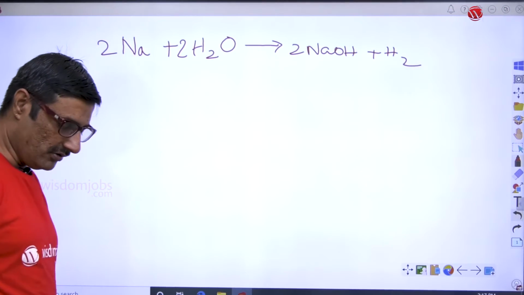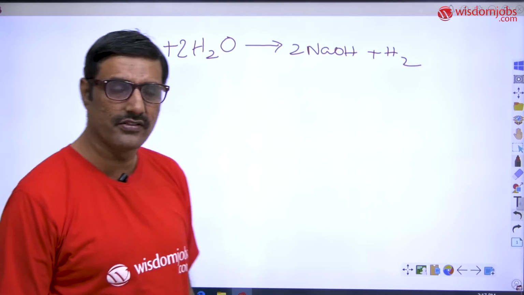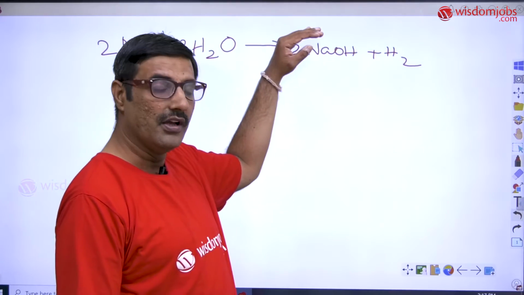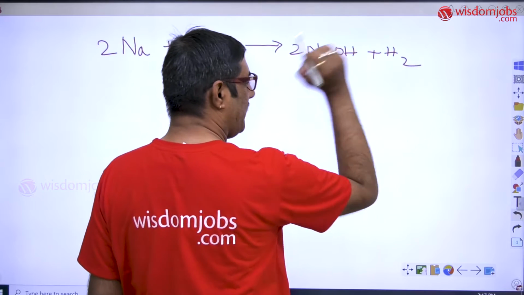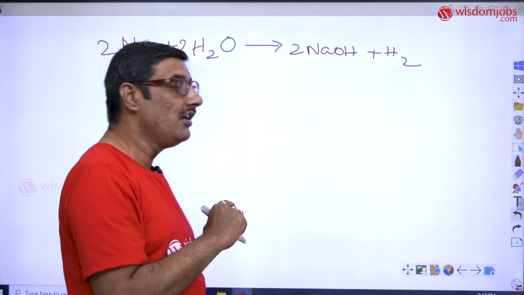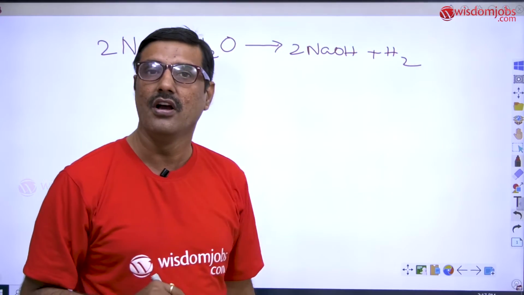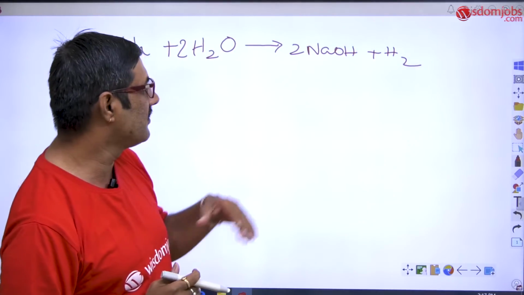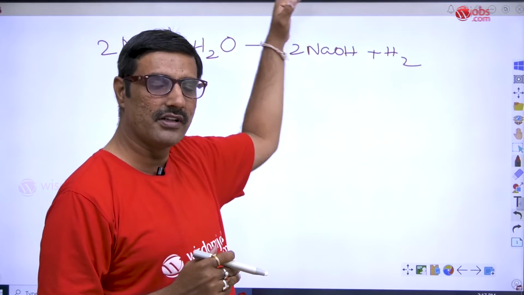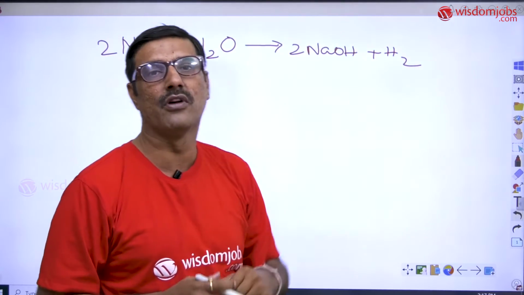Now the reaction is so dangerous, or it is so fast, that the heat energy released in this reaction will heat the hydrogen gas, and there will be flames possible. So the reaction is so fast that it is giving flames also sometimes.